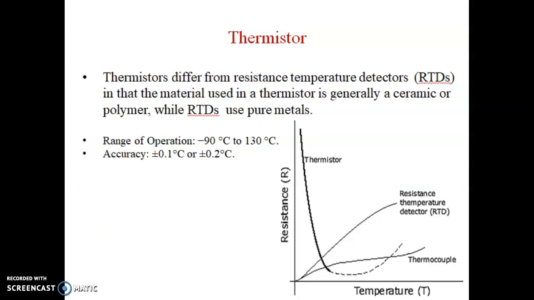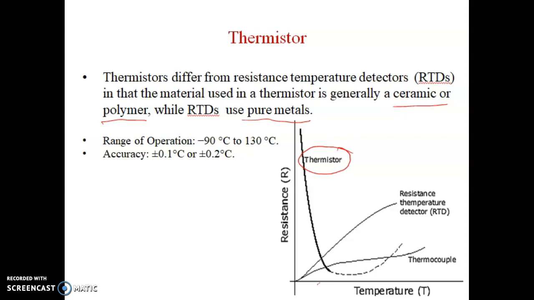Both RTDs and thermistors work on the same principle, the variation in resistance with temperature. But in RTDs the material used is pure metal, while in thermistors we use ceramic or polymer. Let's consider the resistance temperature characteristics of these materials. This one is the characteristic of a negative temperature coefficient thermistor.